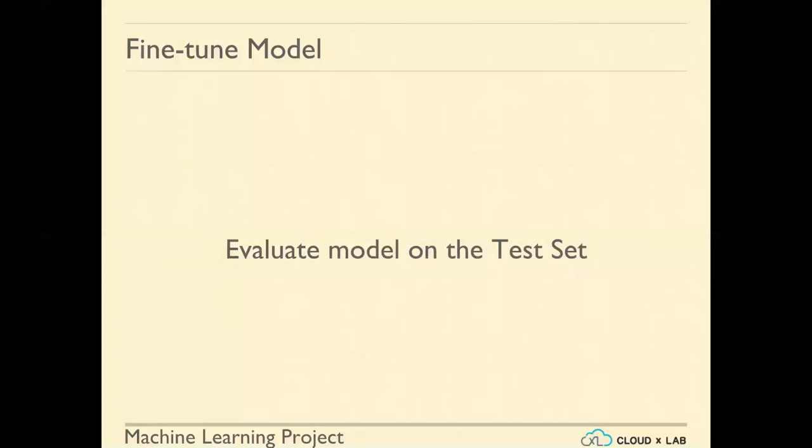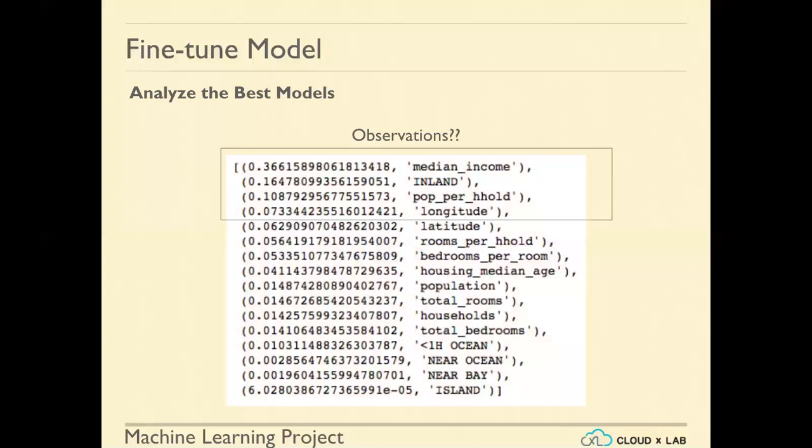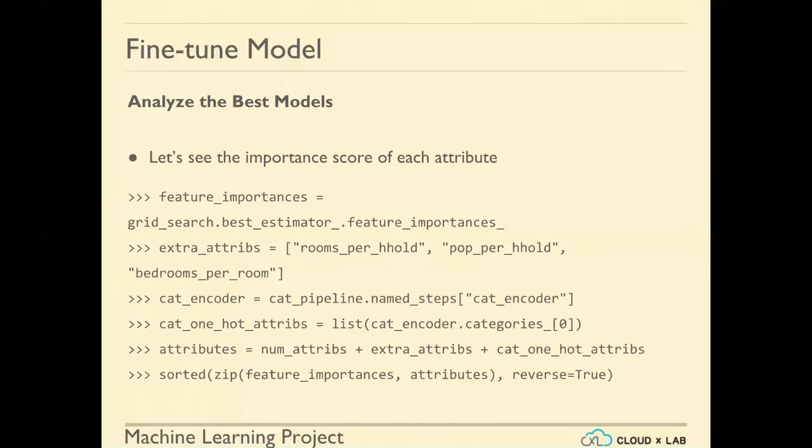What are category pipeline and named steps respectively? You remember we created a pipeline, and that pipeline in the named steps contains all the information about various steps. From that, we have extracted the categories, the names of the columns.